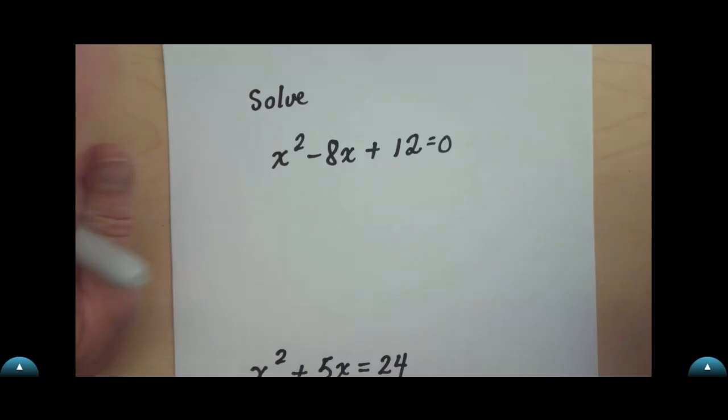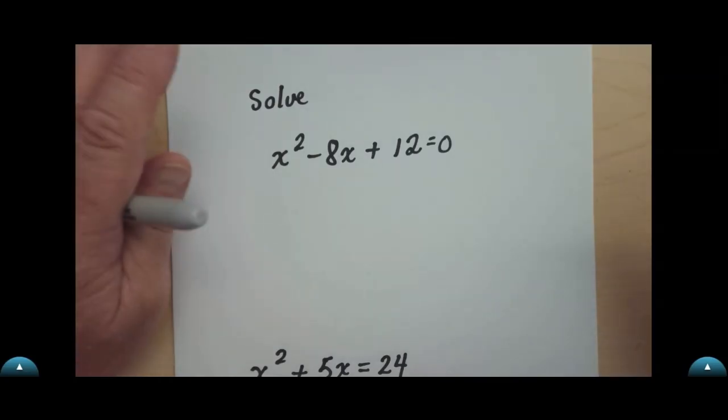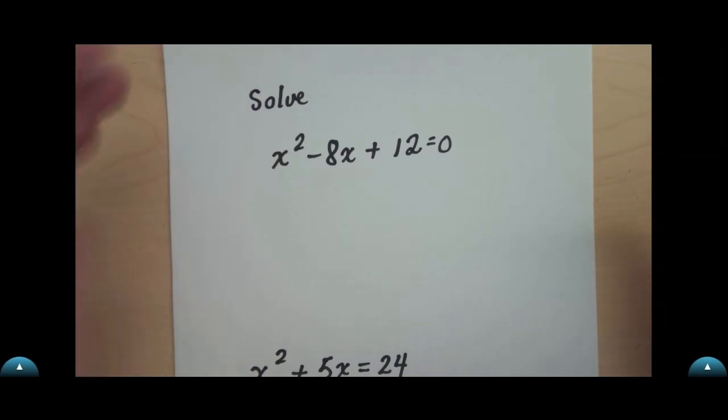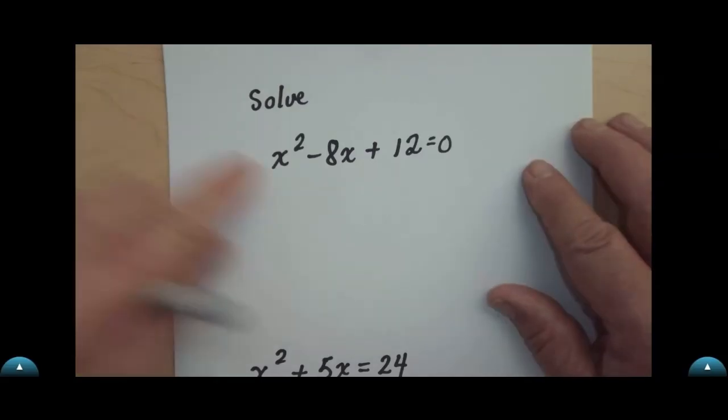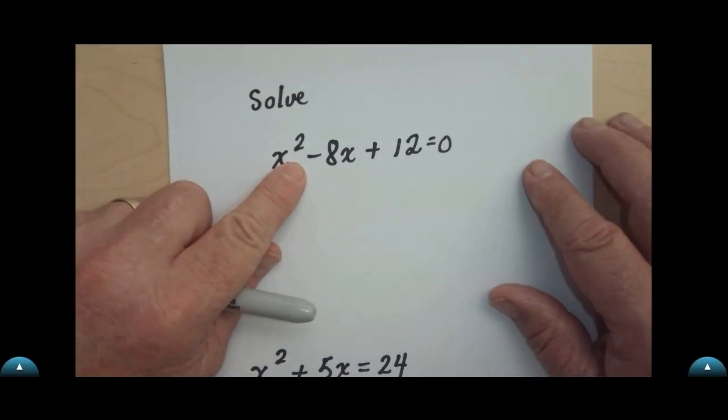So remember in section 1.2, we were solving linear equations. A linear equation is one where the variable only ever shows up raised to the first power. With a quadratic equation, the highest degree variable term is always x to the second power.